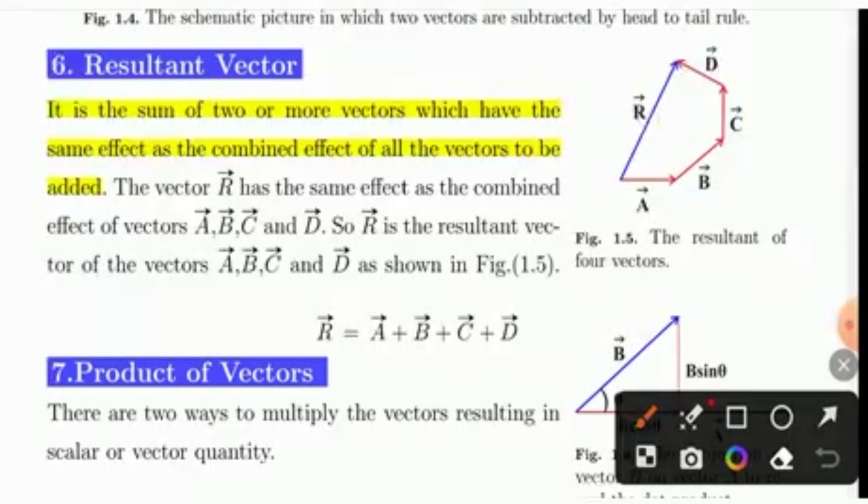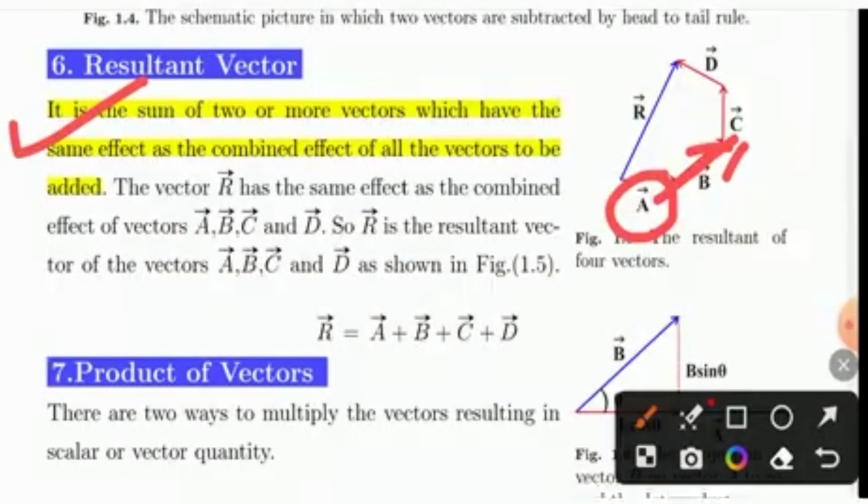Here you can see that the resultant vector is the sum of two or more vectors, which has the same effect as the combined effect of all the vectors to be added. In this diagram, we take the first vector A along this direction and then add vector B using the head to tail rule.